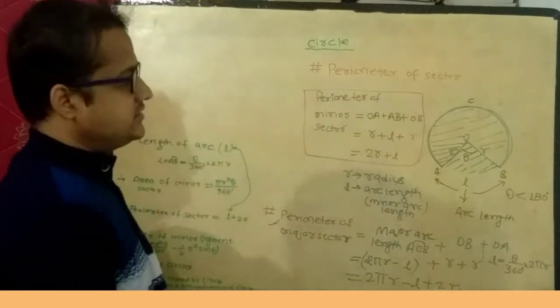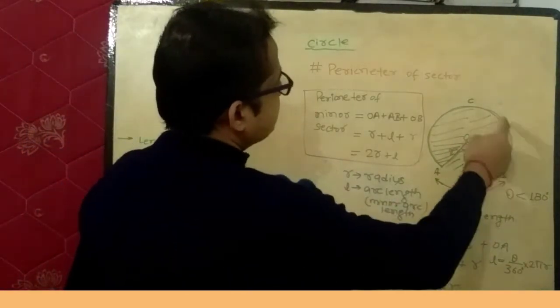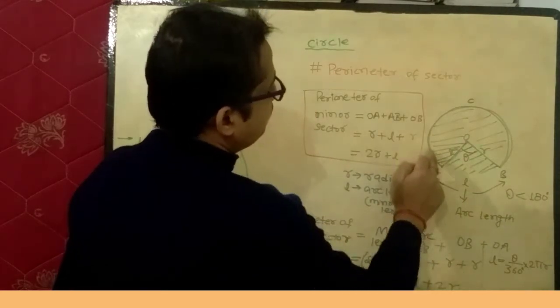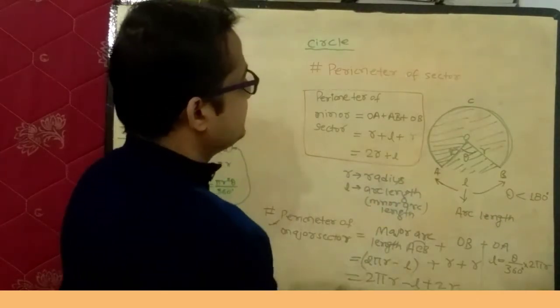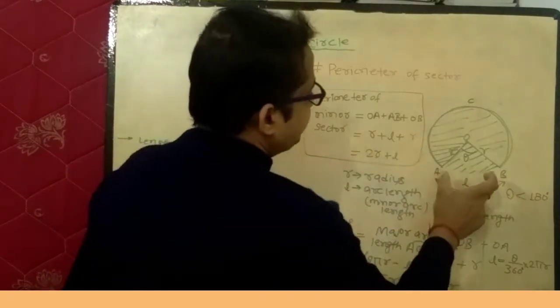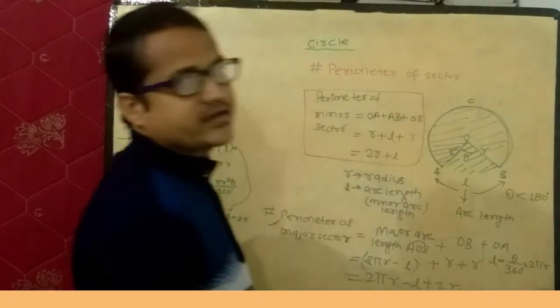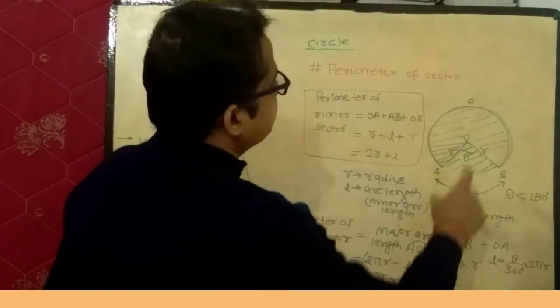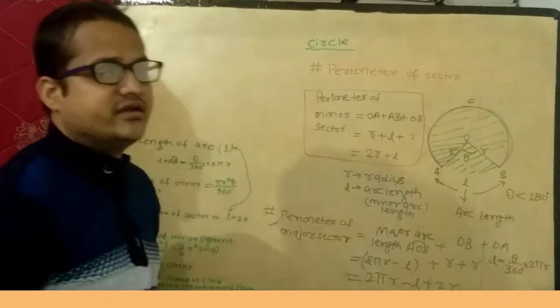Perimeter of major sector is sum of this major arc added to radius, and in order to find out this major arc length, simply calculate circumference of circle and subtract this minor arc length. You will get remaining portion, that is major arc length, and simply add these two radius.